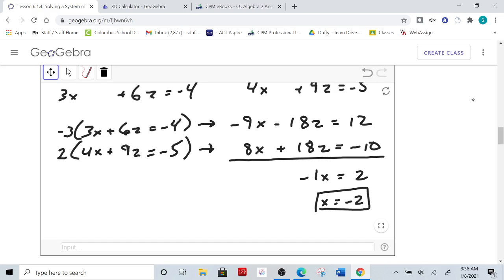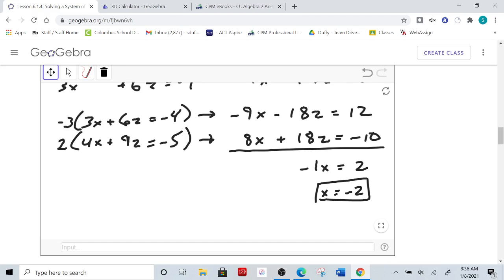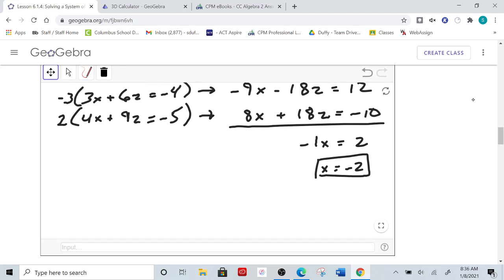And then once I have the x value, I can plug it into any one of these equations, this equation, this equation, this equation, or this equation to solve for z. I'm going to just plug it into the top one up here. I'm going to plug it into 3x plus 6z equals -4.